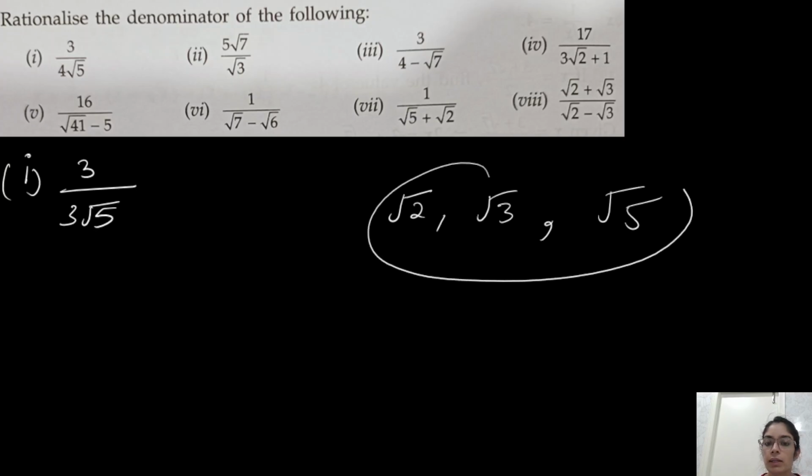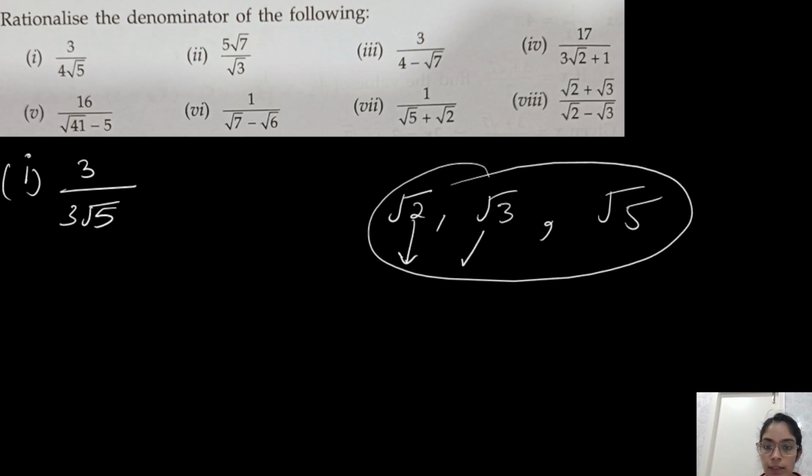Rationalization means, whenever, as you can see, I have given a few questions, in all of these questions I have irrational numbers present in the denominator. So irrational numbers means what? Like square root of 2, square root of 3, square root of 5, the numbers which are not perfect squares. And if I calculate their square roots, I will not get any exact answer.